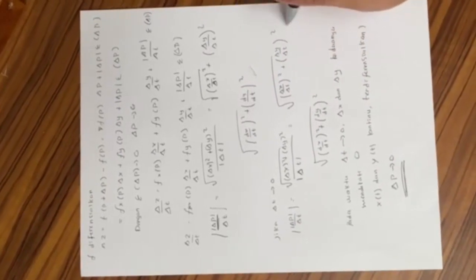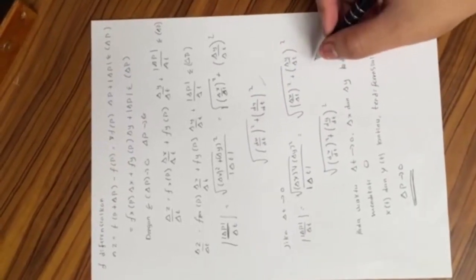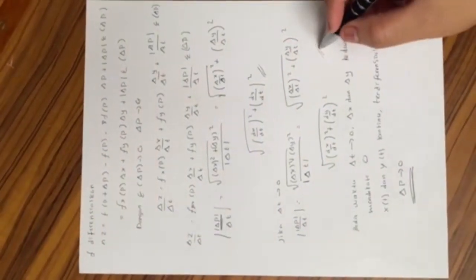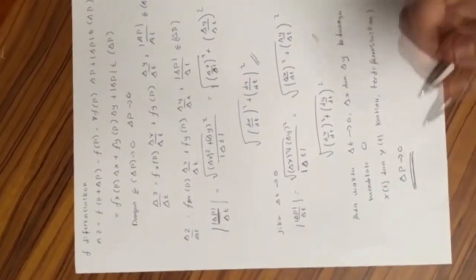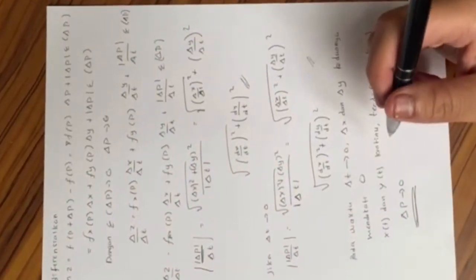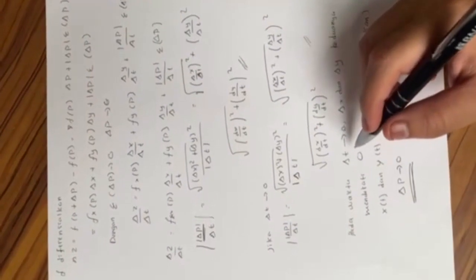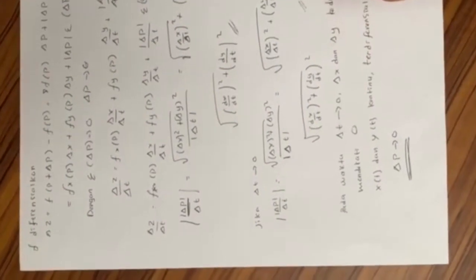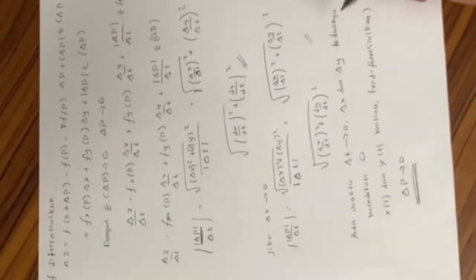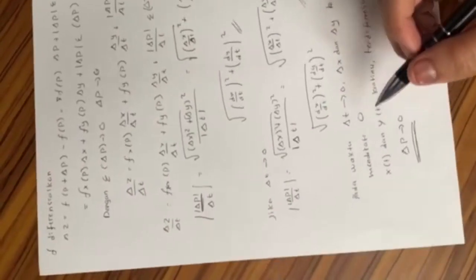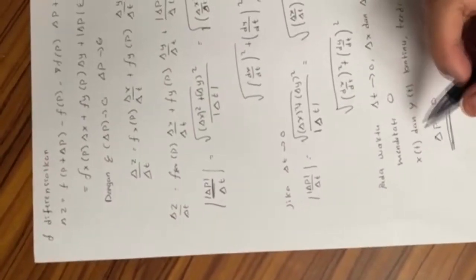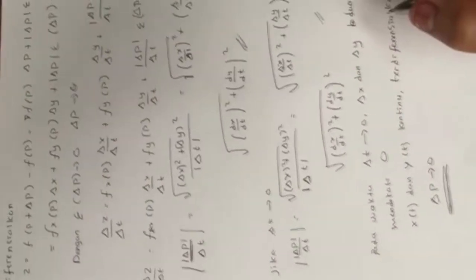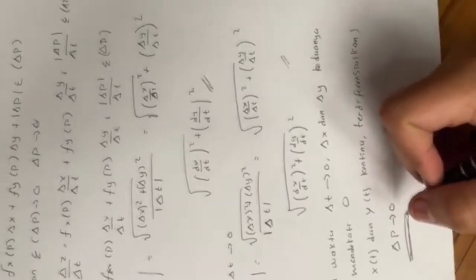This one is the same as the problem that I solved. The point is when delta t equals 0, delta x and delta y equal 0. f, x(t) and y(t) are continuous, defined by delta p equals 0.